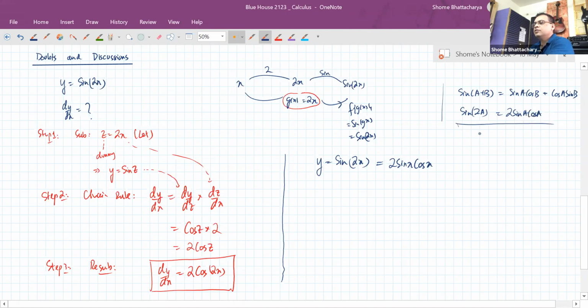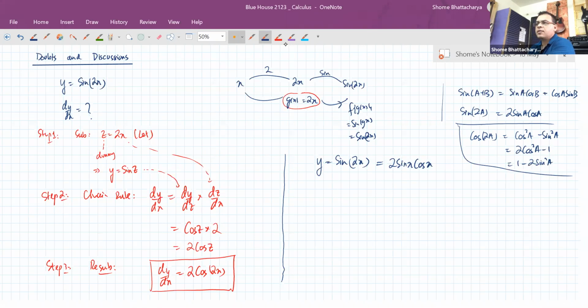Similarly, another formula you have is that cos of 2a can be written as cos square a minus sine square a, which is the same thing as 2 cos square a minus 1, or the same thing as 1 minus 2 sine square a also. These are some formulae that sometimes come in handy.